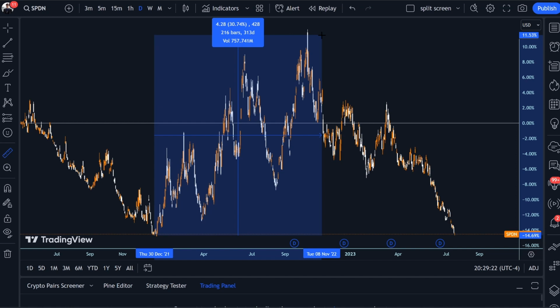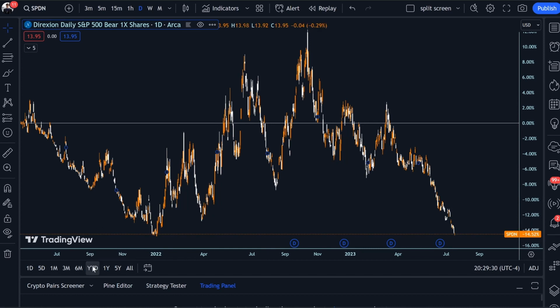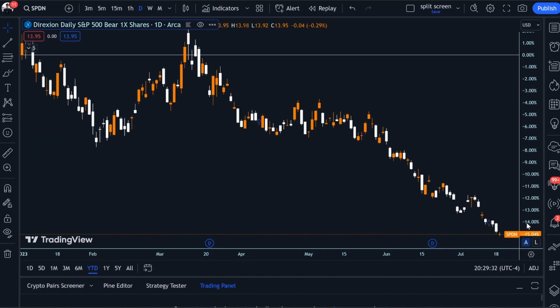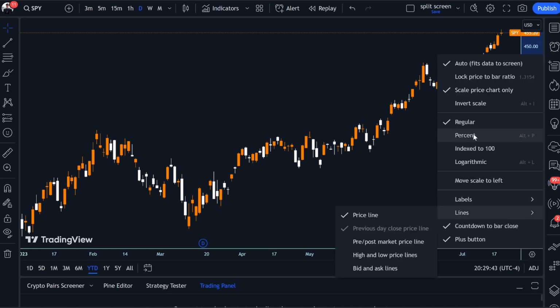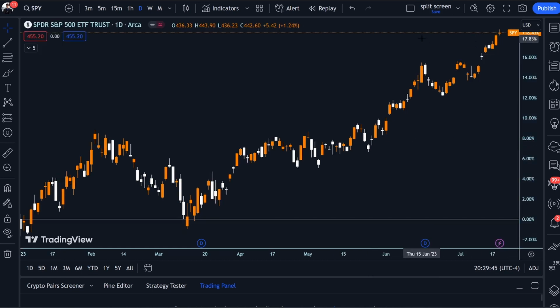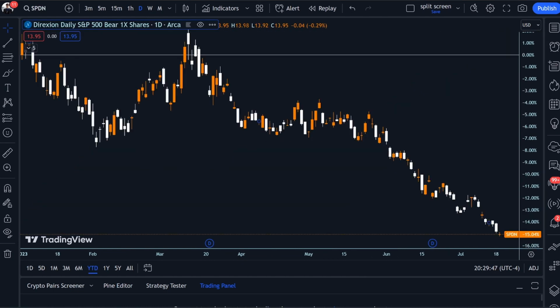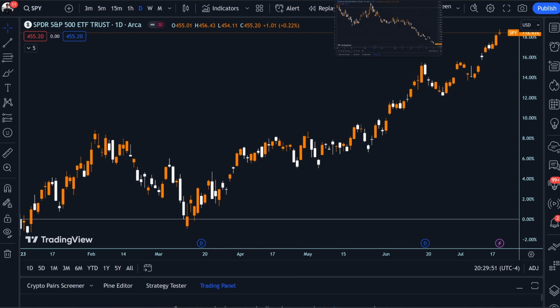So again, it's not going to be perfectly matched, but it's going to be within that ballpark. And because the market has been screaming higher all year, if we go year to date, you can see we're down 15% in the SPDN. And year to date, we are up, I don't have the percentage on this one, we're up around 18%. So again, not perfect, but you can see it's a pretty good inverse.